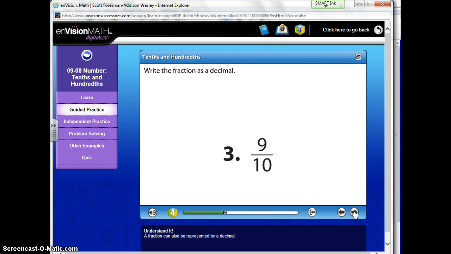Now we're going to go backwards. Now I want you to tell me what I should write to change this fraction into a decimal. Alan? 0.9 or 0.90. Now, if we put a 90 there, it would be 90/100ths, which is the same thing. You're right. But we would want it to be 0.9 because then it's 9/10ths.